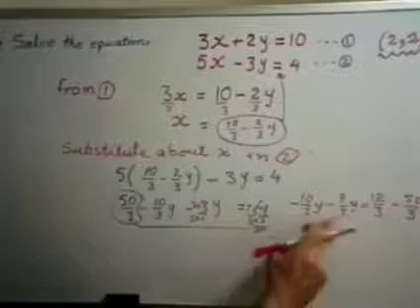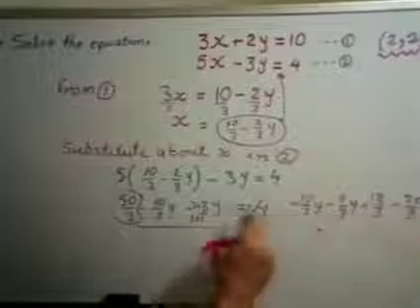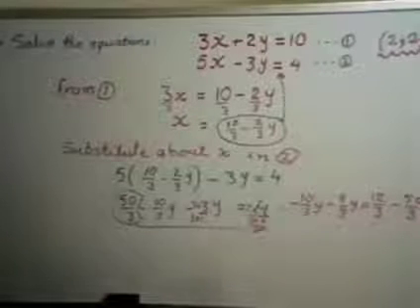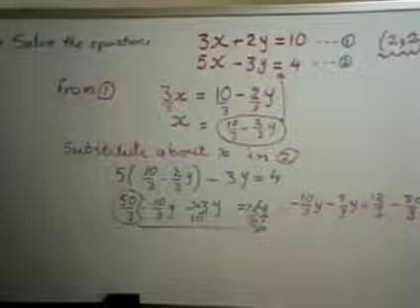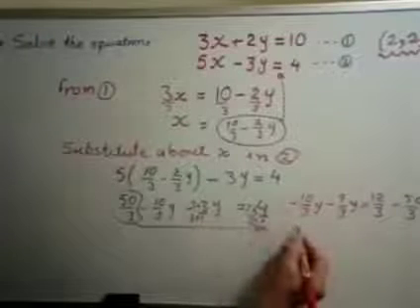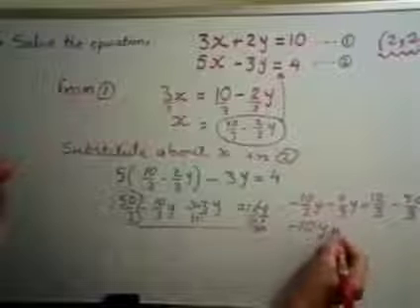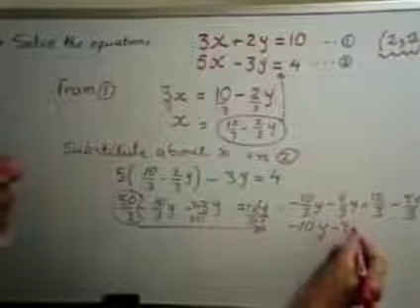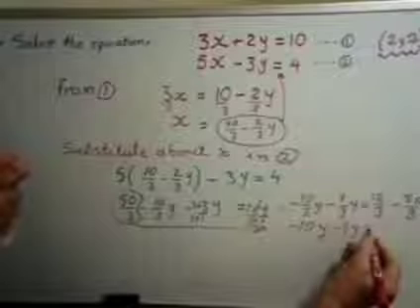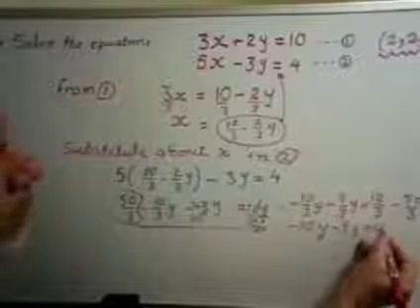You see, all the denominators are equal, so we can multiply all the equation by 3 to get rid of the denominators. So here minus 10y minus 9y is equal to 12 minus 50.